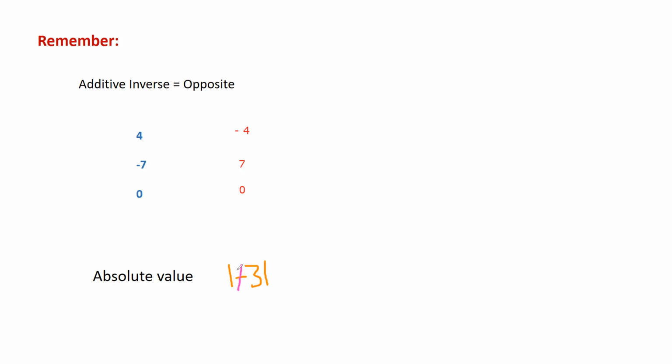So this negative will be eaten. So the absolute value of negative 3 will be 3. What about the absolute value of 5? 5 here has no negative, so it will be as it is. It's 5. So the answer of any absolute value must be a positive number.